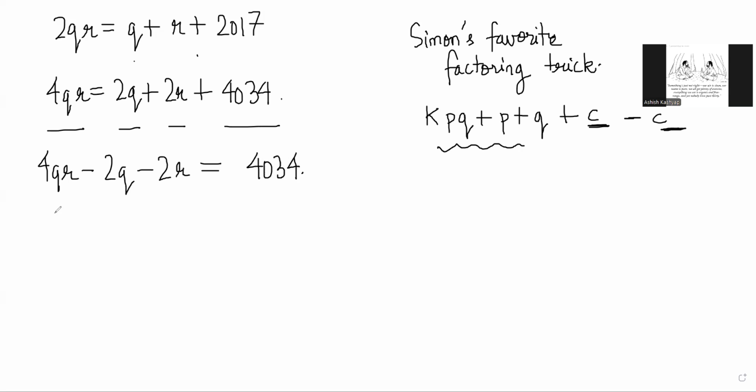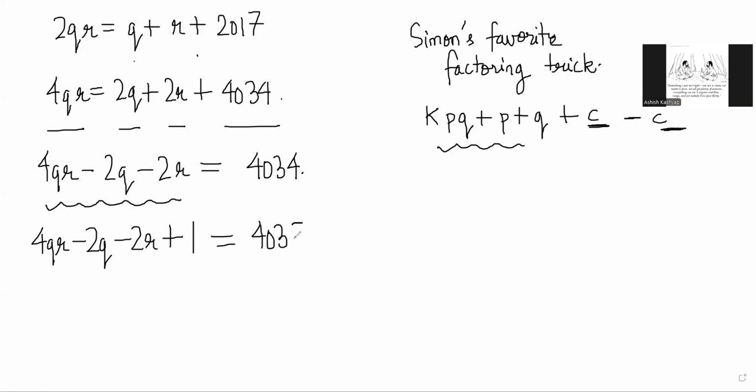Now the trick is, if you add and subtract a 1 here, you will be able to factorize the left hand side. So what I'll do is 4QR minus 2Q minus 2R plus 1. So I should also subtract the 1, but that is the same thing as adding plus 1 on the other side.